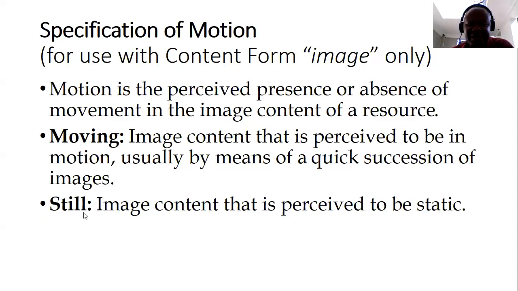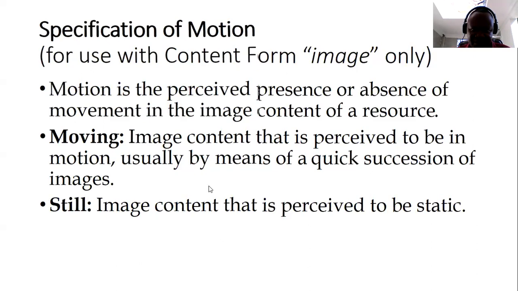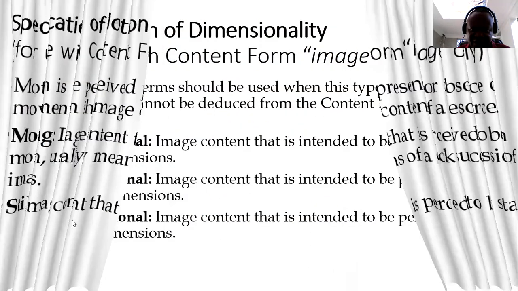We shall start with the content form term image, then in brackets, we shall put still, because posters don't have any movement. So this is used for those images which are static. They don't move. So motion, we have moving and then still.